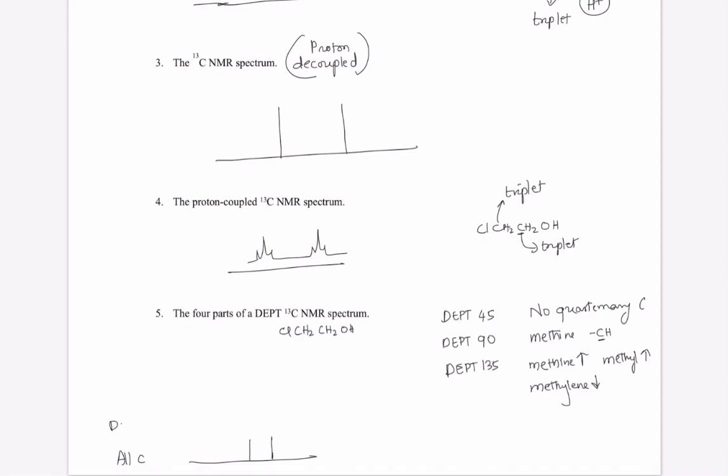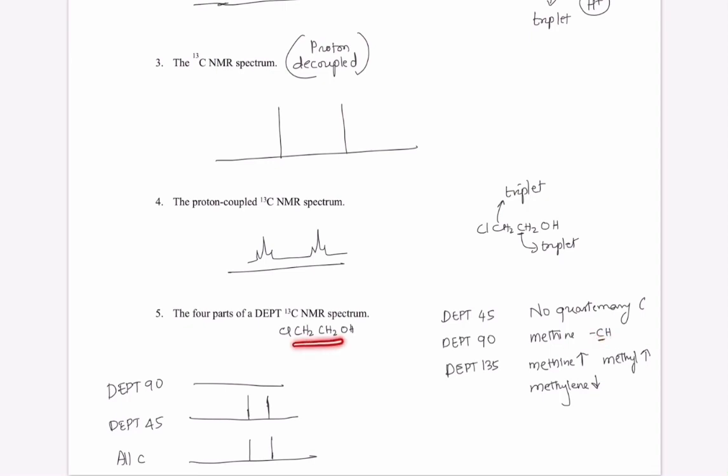When you do DEPT-45, that's going to leave out the quaternary carbons. Anyways, we don't have any quaternary carbons. You're still going to see two signals in the DEPT-45. And then when you do DEPT-90, that's going to show only the methine carbons.